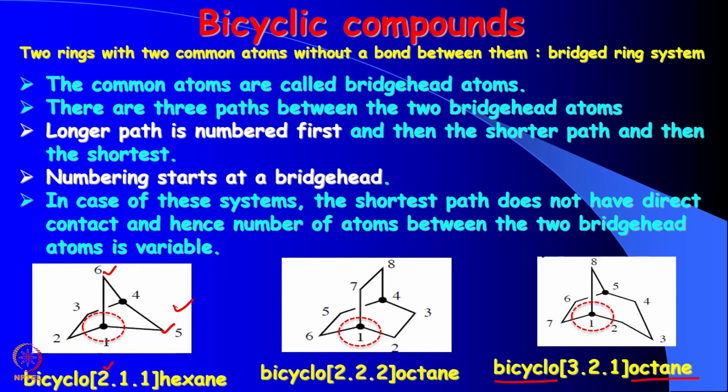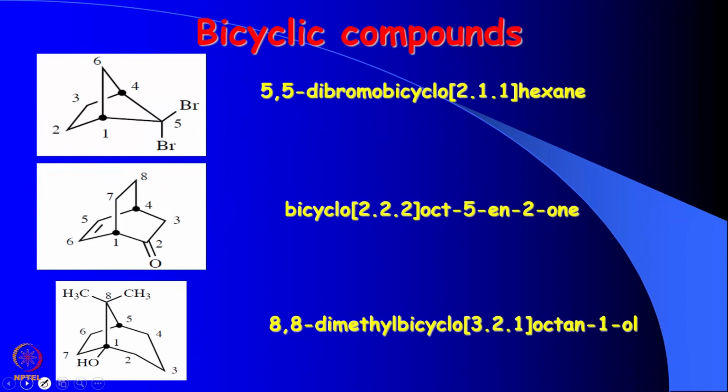And then from 1 to 5 we have 3 atoms here. From 1 to 5 on that side you have 2 atoms, and from 1 to 5 through 8 we have 1 atom. So, we write it as bicyclo[3.2.1]octane. This is how you should number these bicyclic compounds.